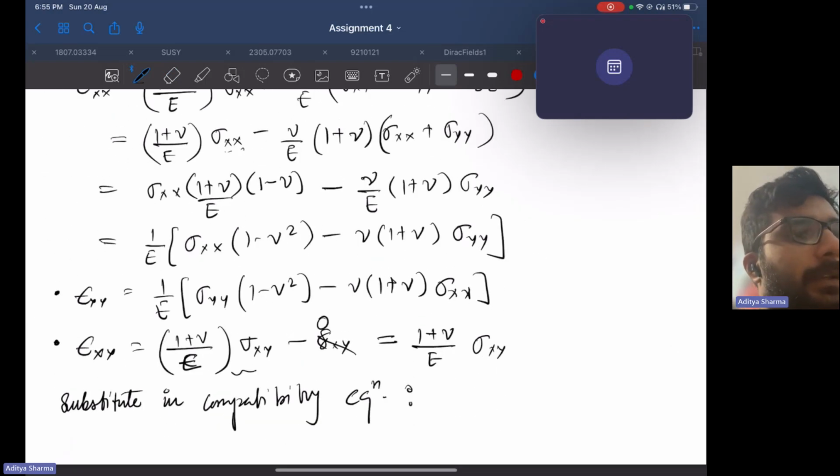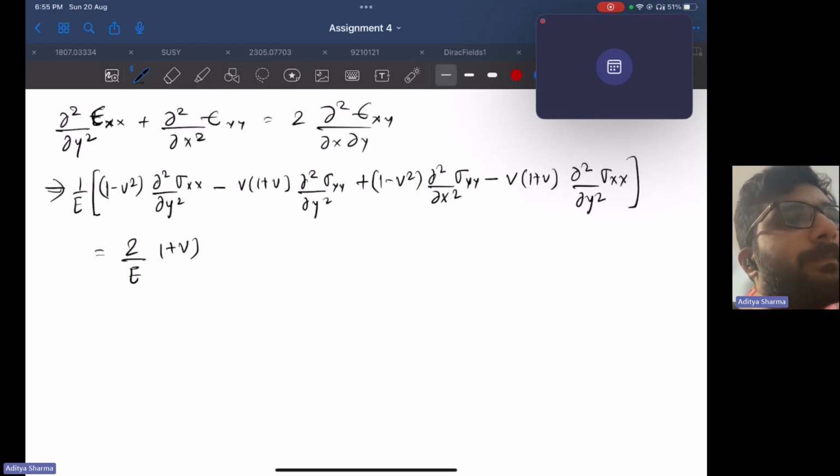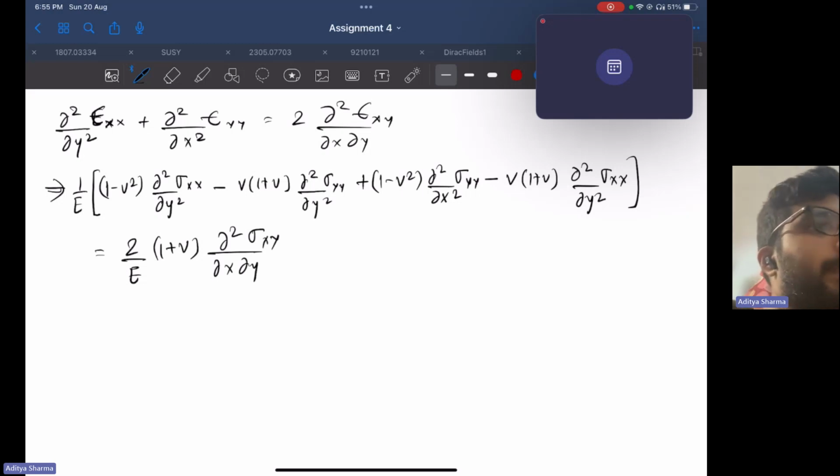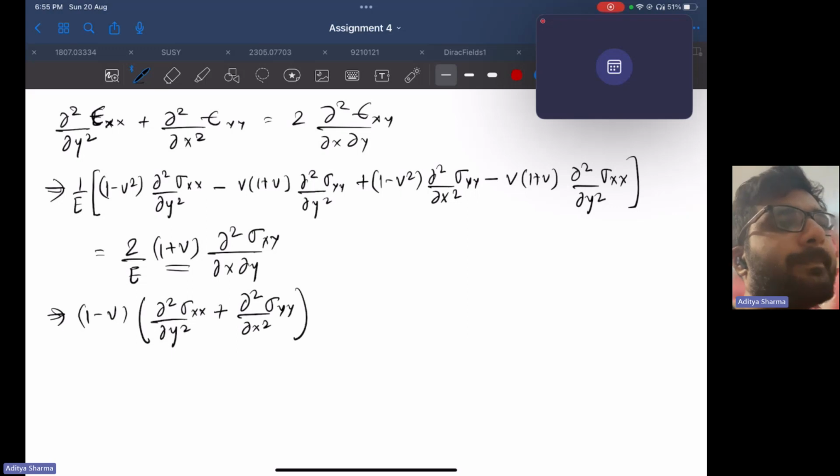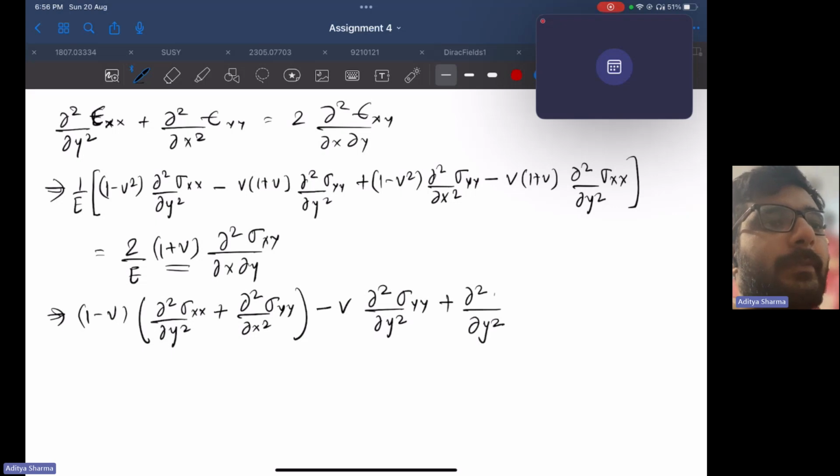By E, and xy is equal to mu square dx, so we can cancel this by E. We get 1 minus mu, and we'll take this to be common: del square dy square sigma xx plus del square dx square sigma yy, minus mu del square del square sigma y.